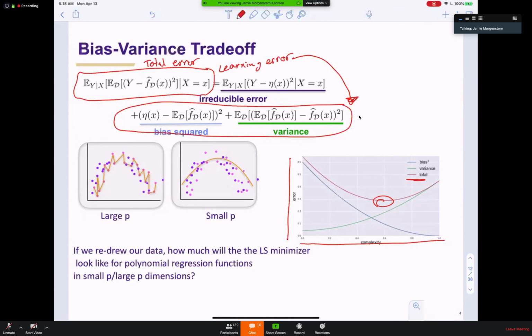Thanks, Kevin. Could you also repeat what's the intuition for the variance side? Like why the variance increases as P increases, just some intuition. There are various intuitions. One of the easier ones is that there are simply more parameters of the model to estimate, right?